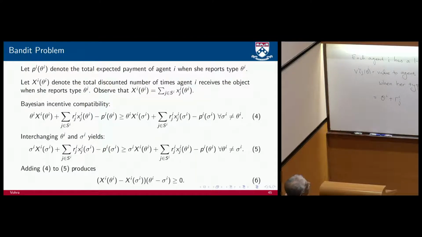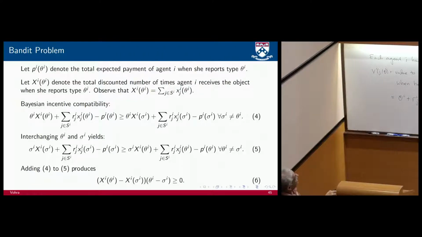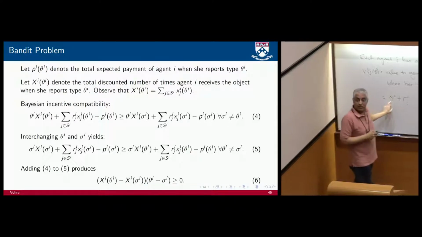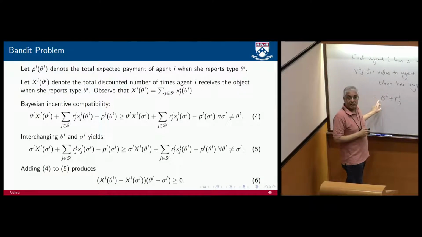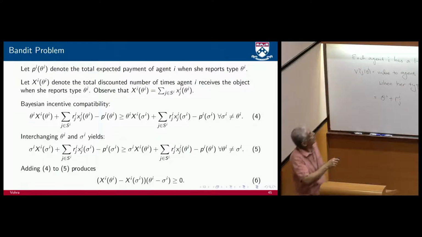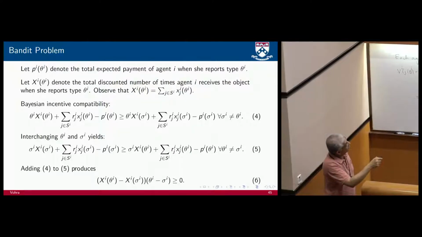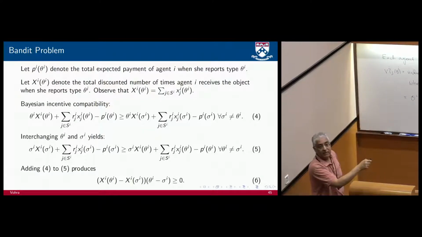Okay. Here's incentive compatibility. Right? So this is your private information part, right? Because this is part of your reward. So you pick this up every time you get the object. And then there are the rewards that you accumulate along the way because of the state that you're in, less the payment that you must make. And that must be bigger than or equal to what you would get by misreporting.